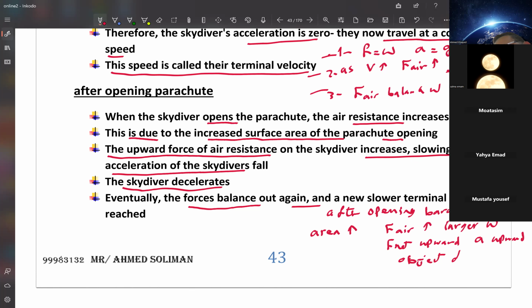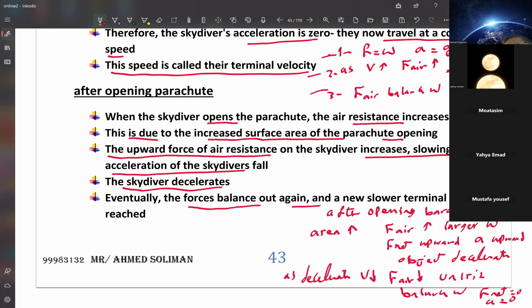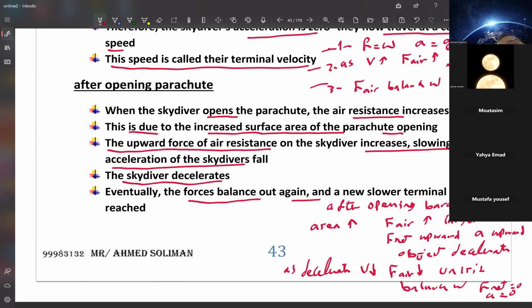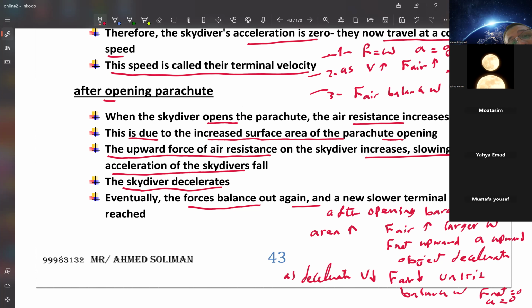The skydiver decelerates. As the skydiver decelerates, speed decreases, so air resistance decreases again until it balances weight, and if net force equals zero again, acceleration equals zero. These are the steps to memorize to describe what happened to the skydiver after opening the parachute. Any question?